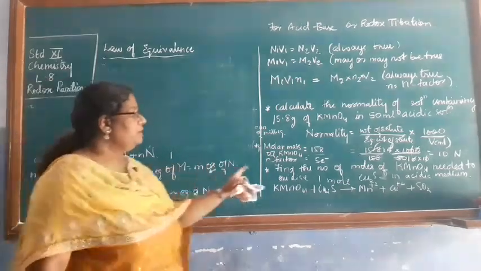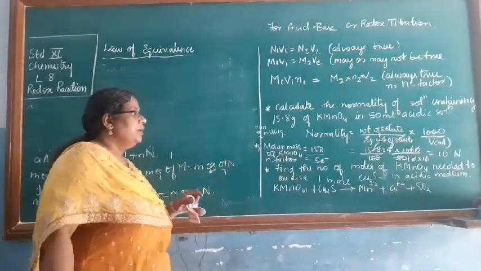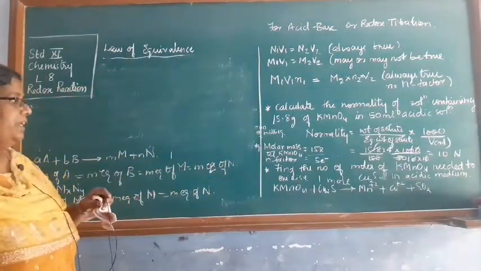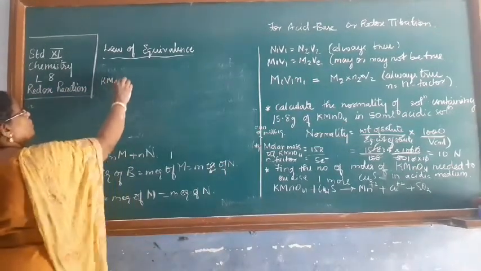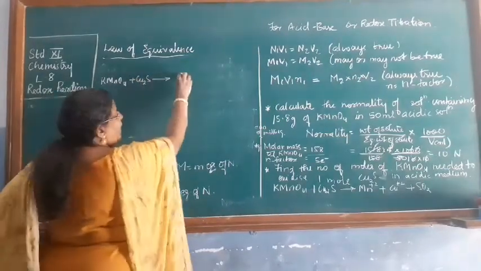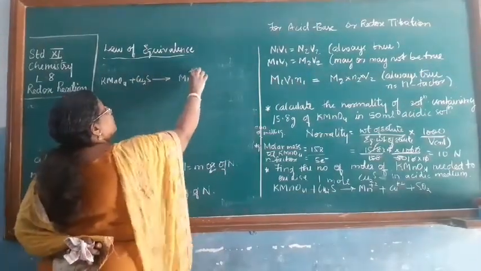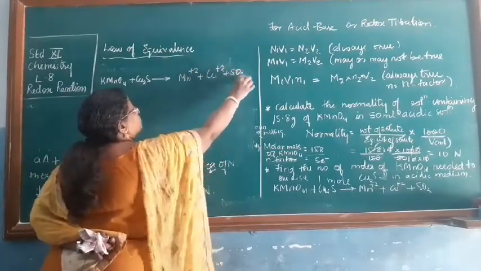So, let us write the equation first. KMnO4 plus Cu2S gives you Mn plus 2, Cu plus 2, plus SO2.